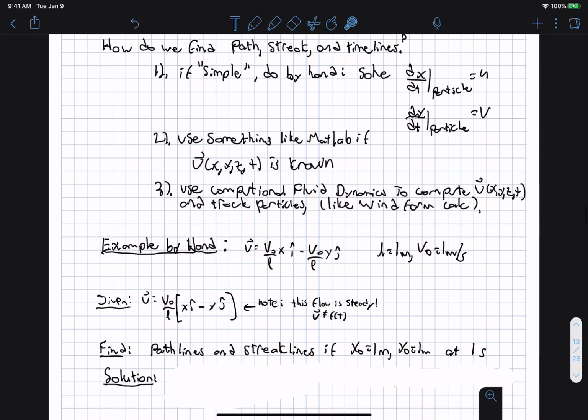Okay, now we're going to do a simple-ish example by hand. It's the same velocity field as the first streamline example we did by hand, where v equals v naught over L times x i hat minus v naught over L times y j hat, and L is 1 meter and v naught is 1 meter per second.